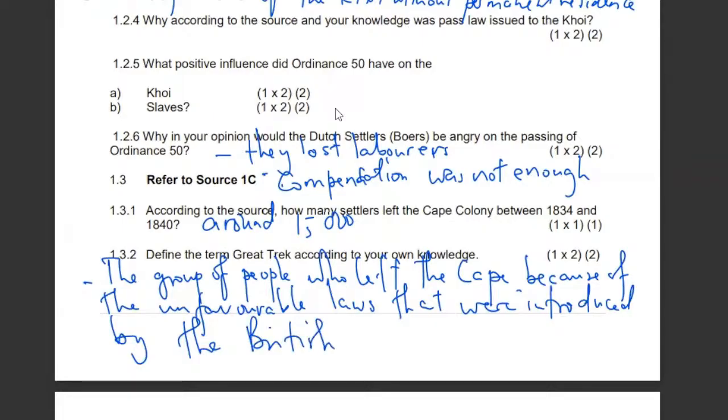Right, in simple terms, when I talk of the Great Trek, we are saying this was a grouping of the Afrikaner people who chose to move away from the Cape.